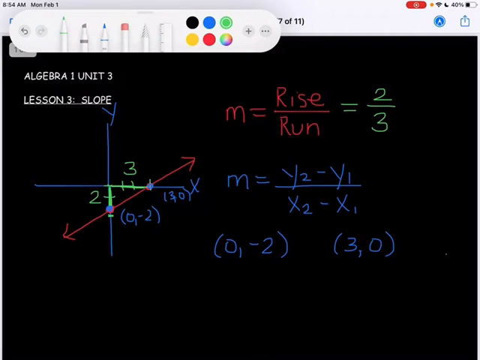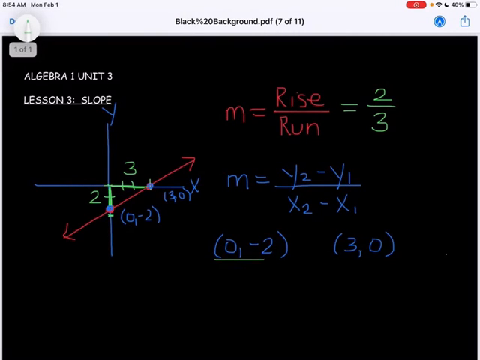Now I'm going to label these, since I'm just going to say this is my first ordered pair. So 0 is the x for my first ordered pair, so I'm going to say that's x sub 1, and then -2 is my first y, so y sub 1. 3 is x from the second ordered pair, so that's x sub 2. And 0 is y from the second ordered pair, so y sub 2.